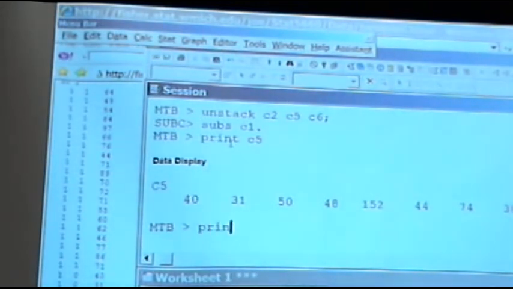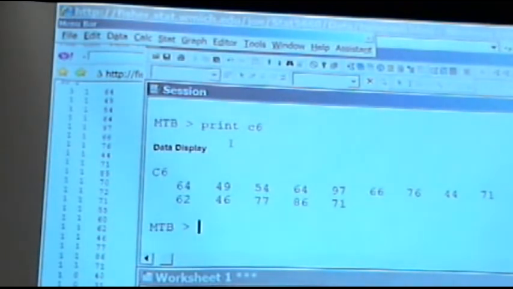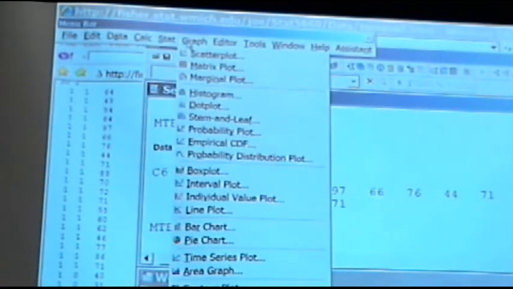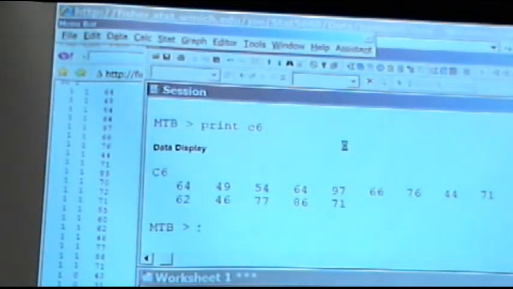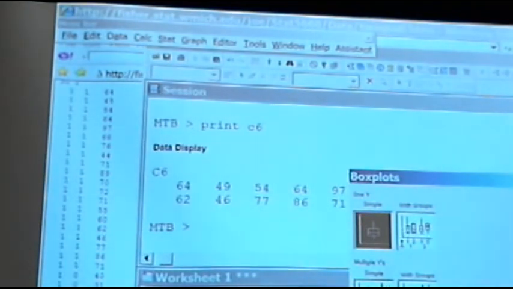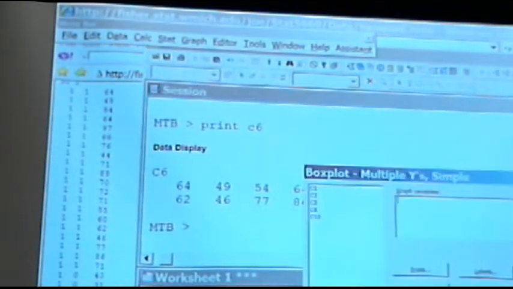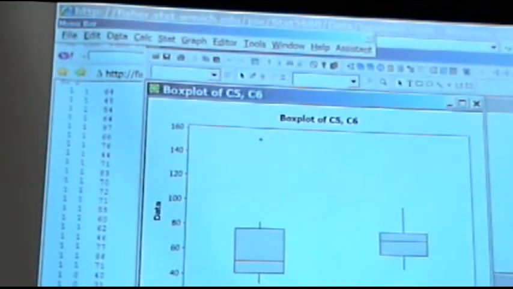That's backwards. Yeah, C6 is the placebo.